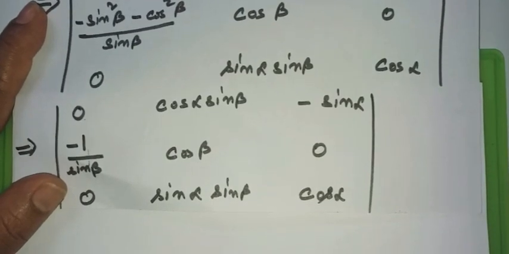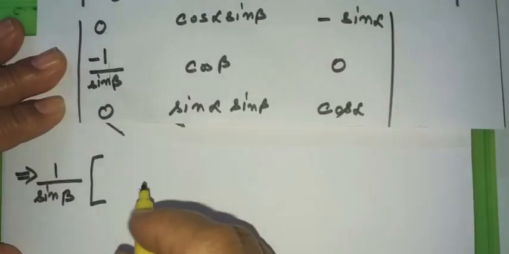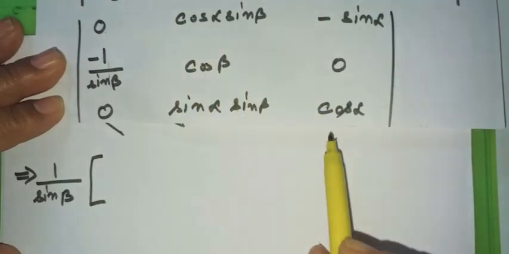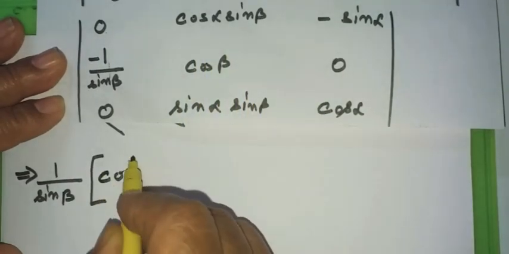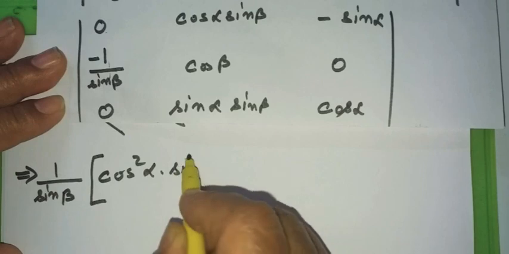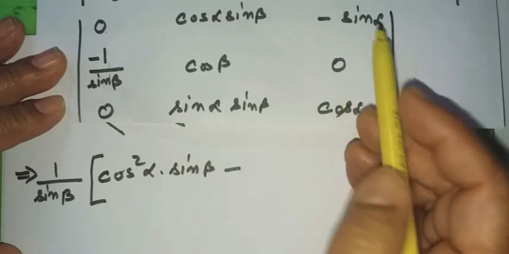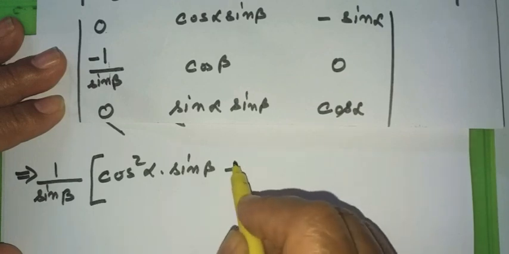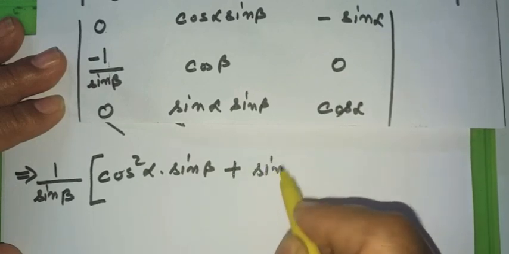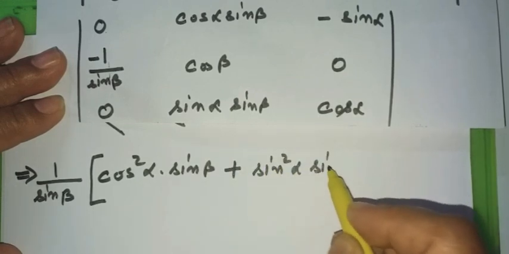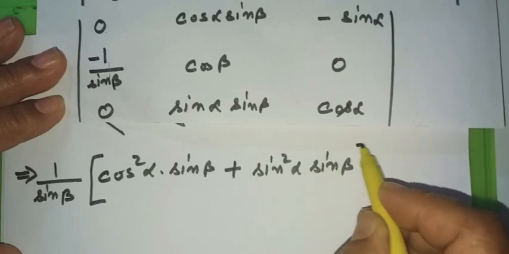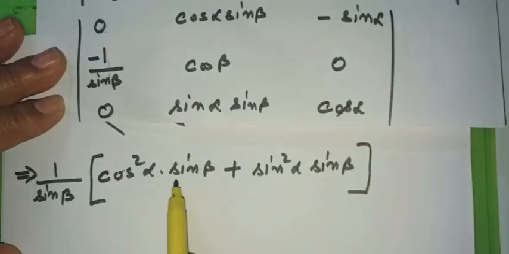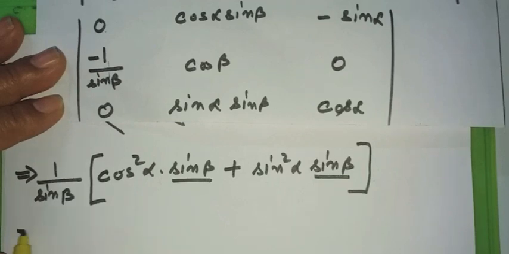Let me write the step again. So we get cos alpha sine beta into cos alpha, that is cos square alpha into sine beta, minus sine alpha into sine alpha sine beta, that becomes plus sine square alpha into sine beta. So now I can take sine beta common from both the terms.